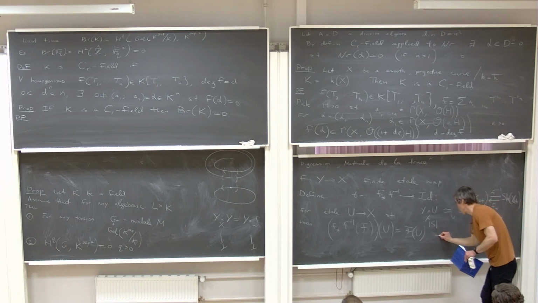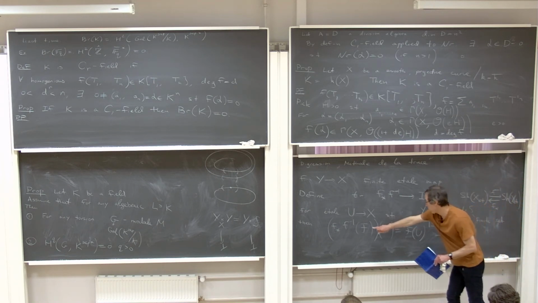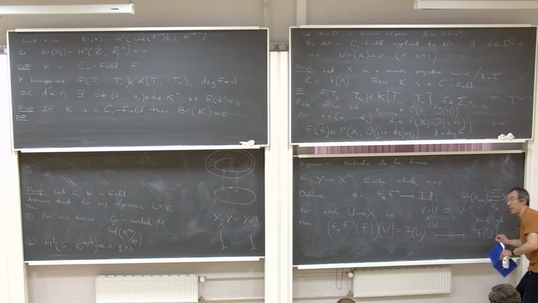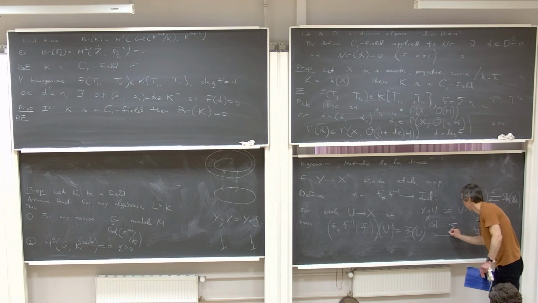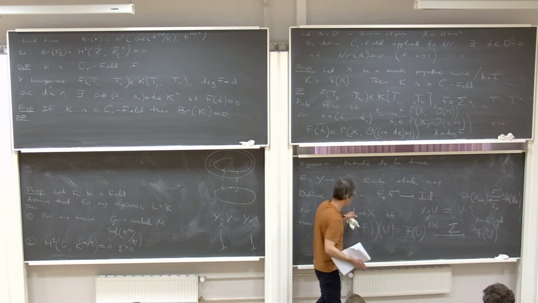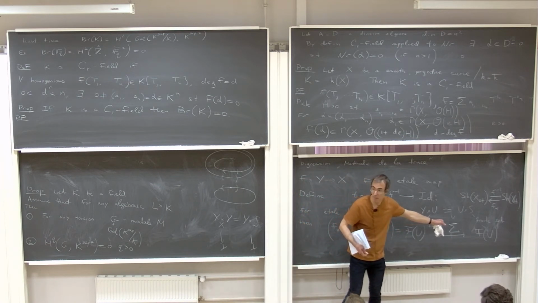Now our goal is to construct a map from this to f of U. So what can I do? I can take the sum. Okay, so now for such U that I call small, I constructed this map.